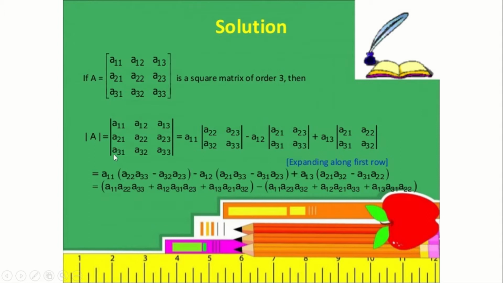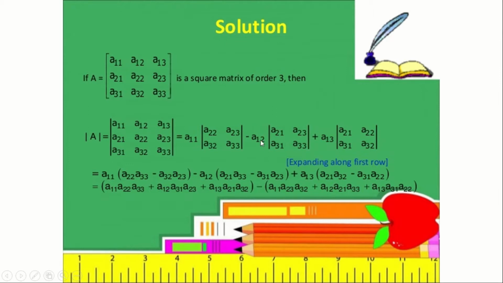When I consider a11, the row and column adjacent to it get deleted, so these 4 elements will remain. So a11 into the determinant a22, a23, a32, a33. Next is minus a12. The middle term must always be signified with a negative symbol. The first one should be positive, the second one always negative, and the third one positive.